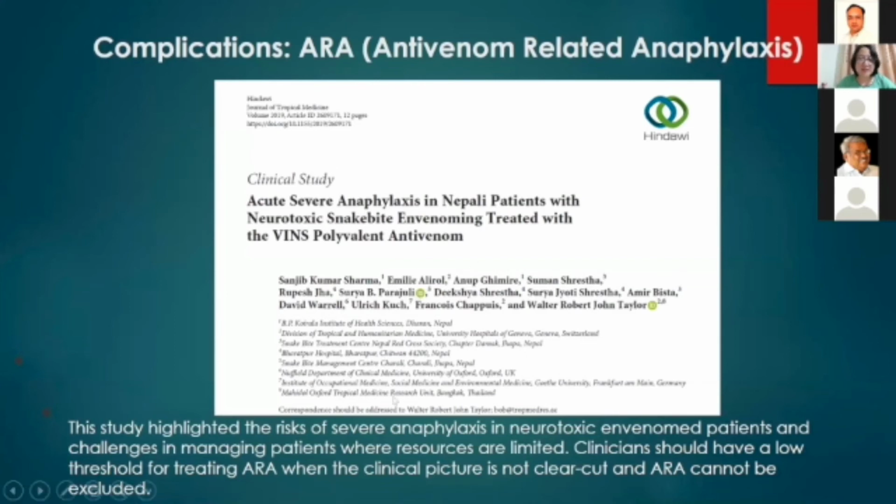This highlighted the risk of severe anaphylaxis in neurotoxic envenomed patients, and also the challenges in managing patients where resources are limited. So it has been concluded that clinicians should have a low threshold for treating antivenom-related anaphylaxis when the clinical picture is not clear cut and ARE cannot be excluded.